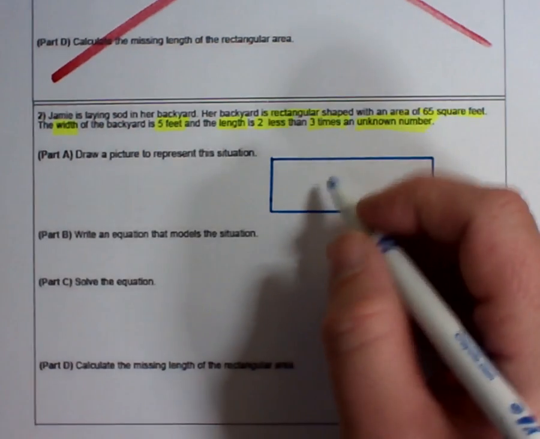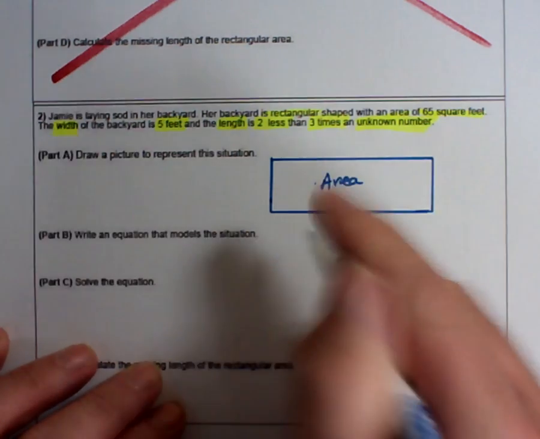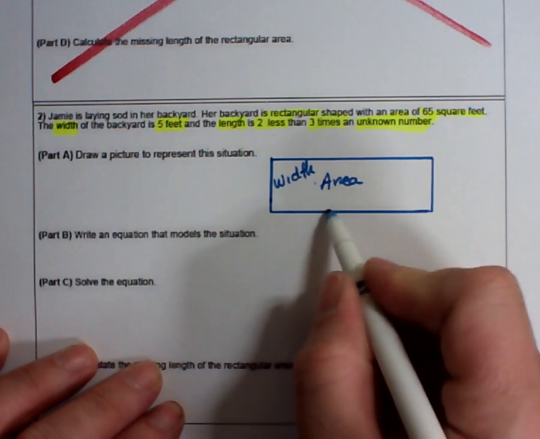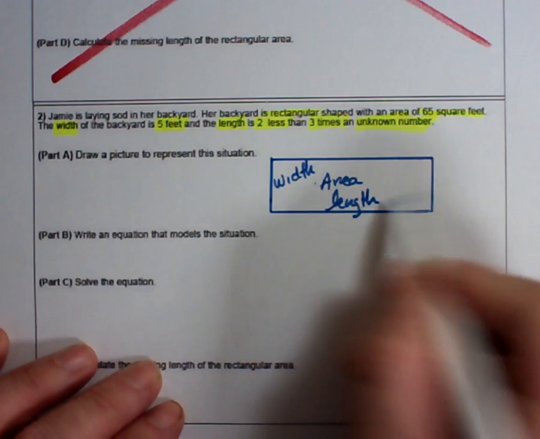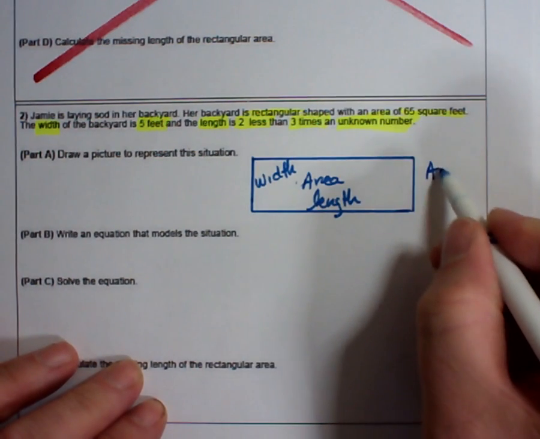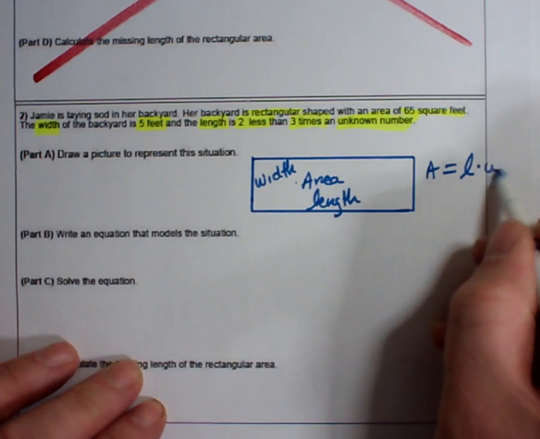Okay, the area is the part on the inside. The smaller side is the width. The longer side is the length. And area, that's A, equals length times width.